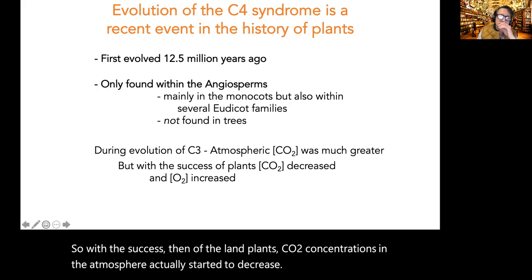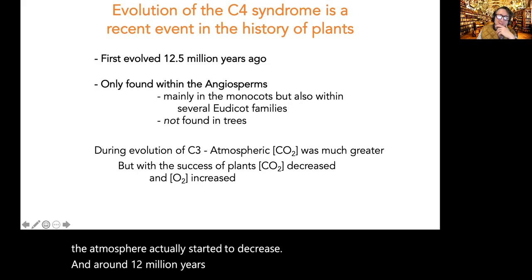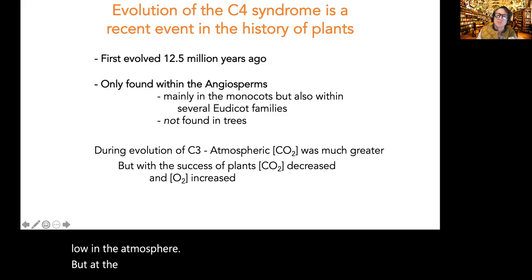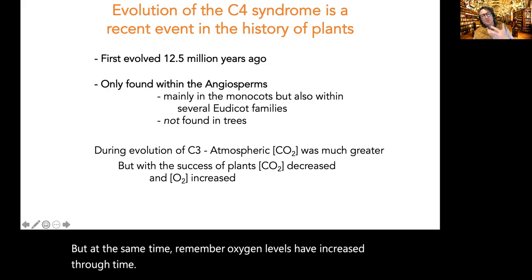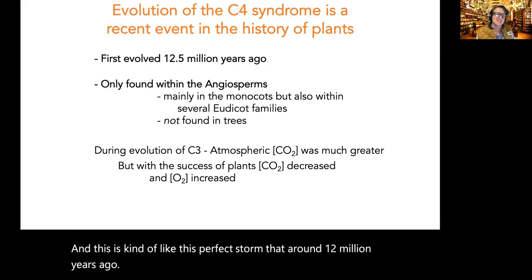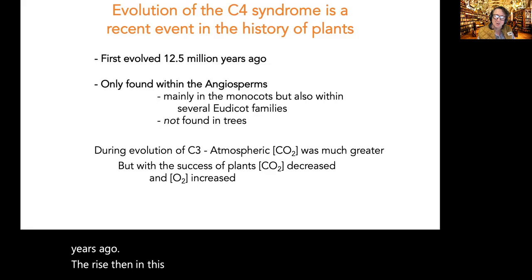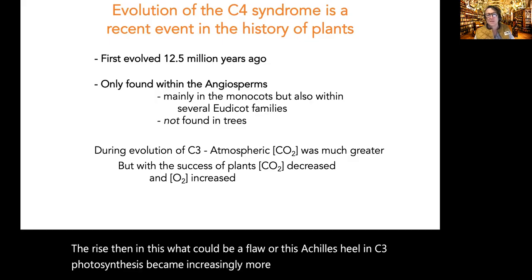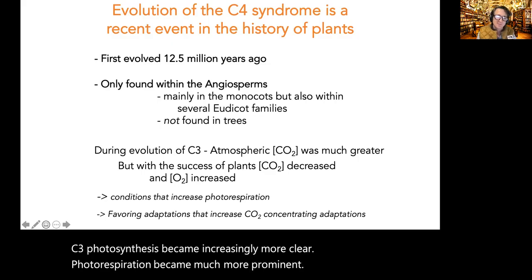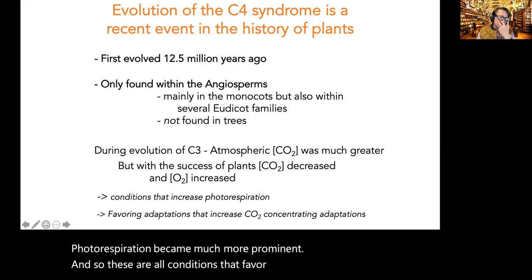And around 12 million years ago, CO2 levels were actually pretty low in the atmosphere. But at the same time, remember, oxygen levels have increased through time. And this is kind of like a perfect storm: around 12 million years ago, what could be a flaw or this Achilles heel in C3 photosynthesis became increasingly more clear. Photorespiration became much more prominent.